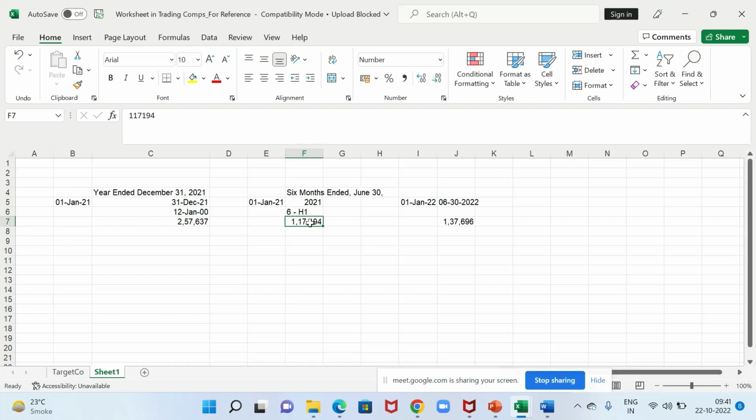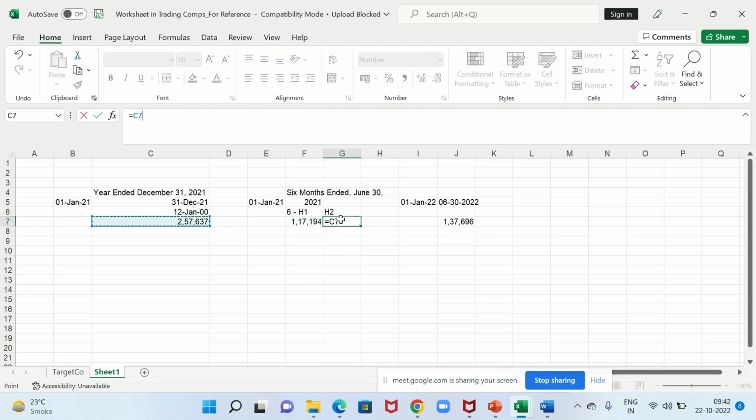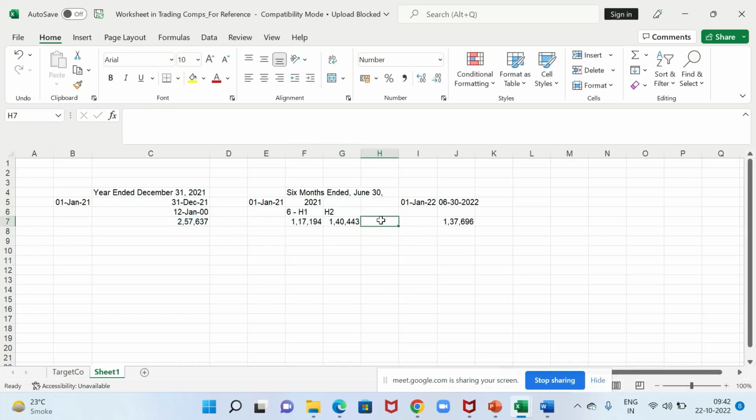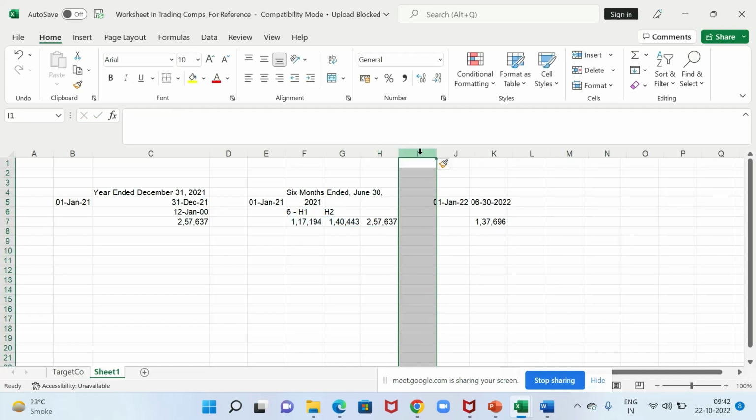First half plus second half will make this 257. So suppose I want the second half number, what will I do? Equal to this minus this. Together they make this number, right? Yes, isn't it, sir?